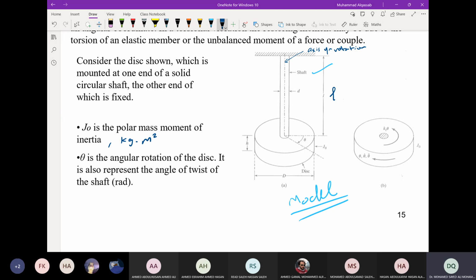We have other dimensions h and d. If this is a uniform disk, then Jo is equal to 1/2 m r squared. r is the radius, so d is 2r.